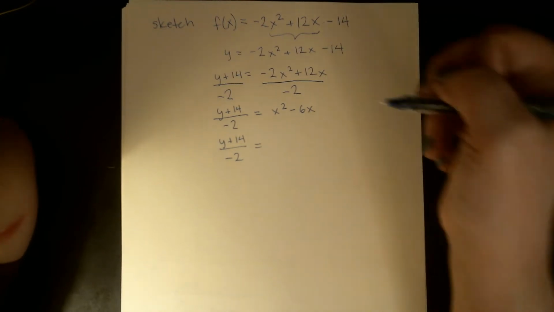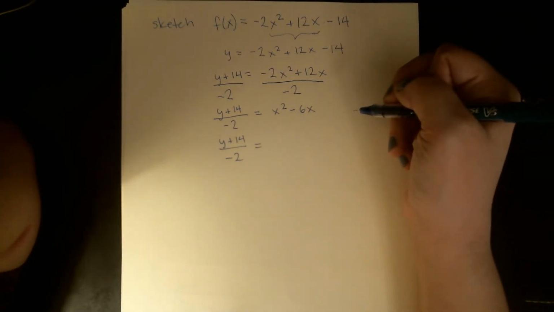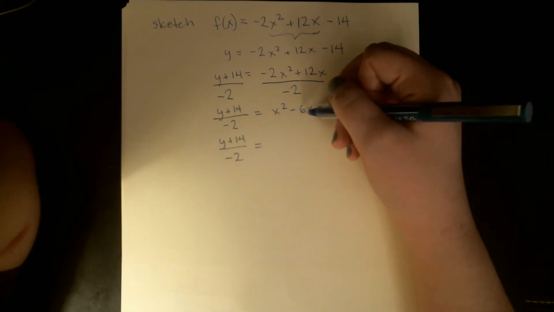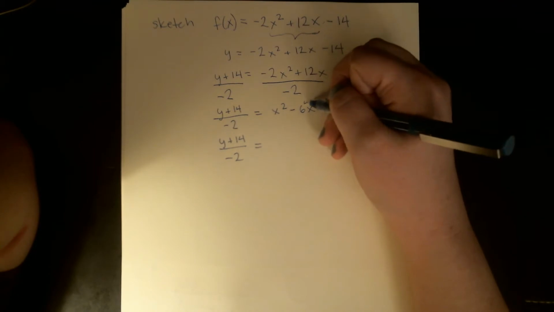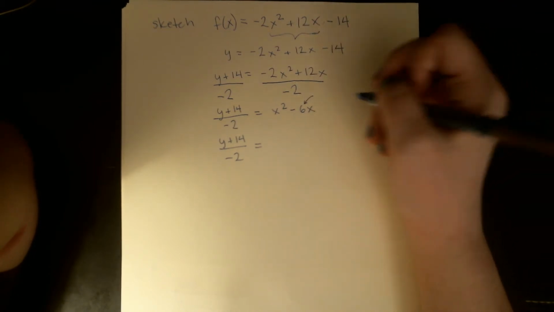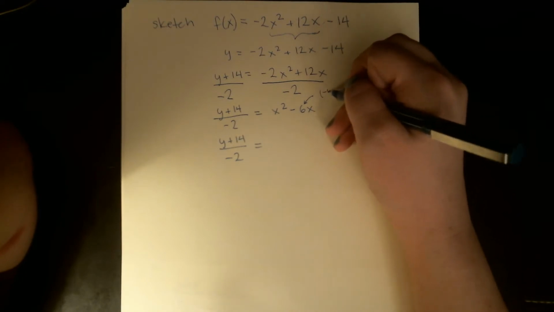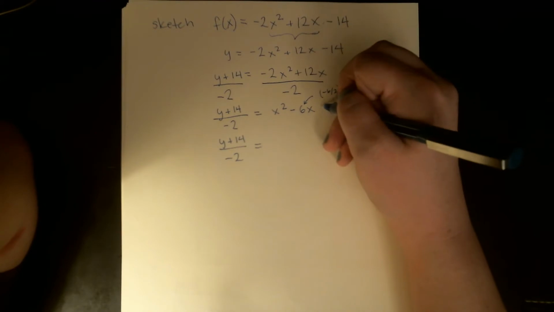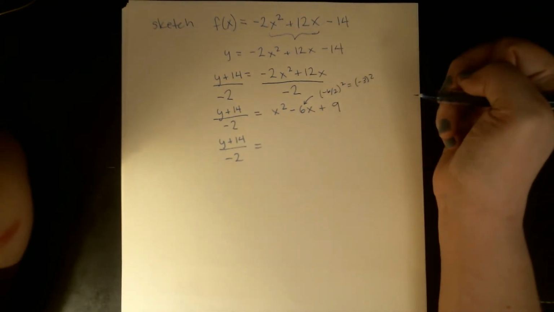If I want to turn this into a perfect square trinomial, the trick is to take half of this number in front of the x and square it. So if I take negative 6 over 2 squared, that's negative 3 squared, which is positive 9.